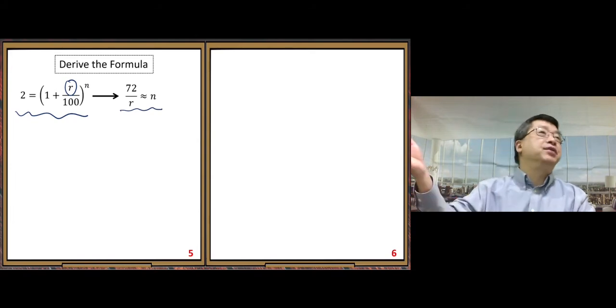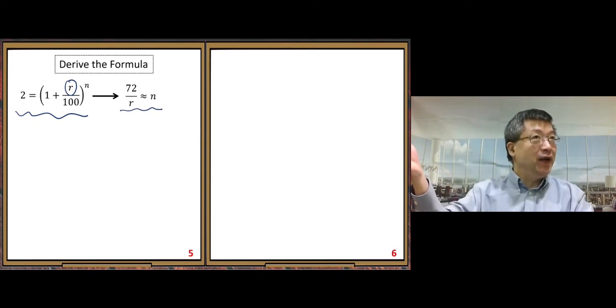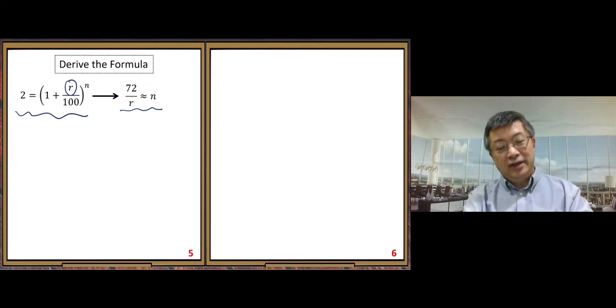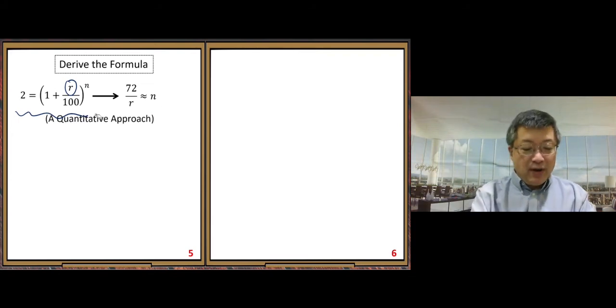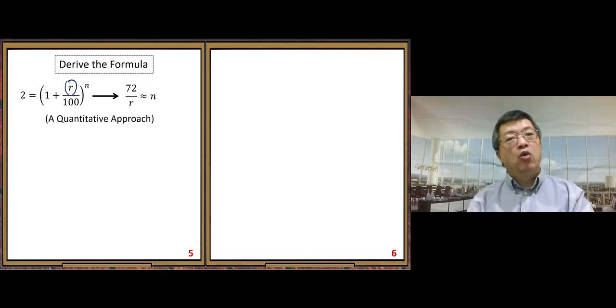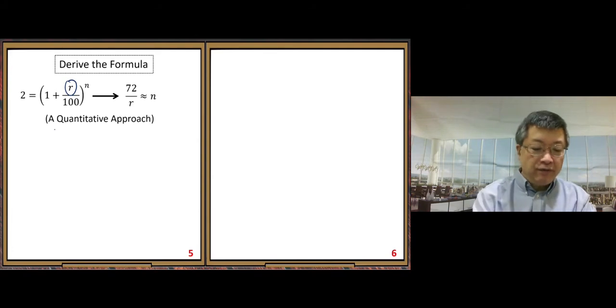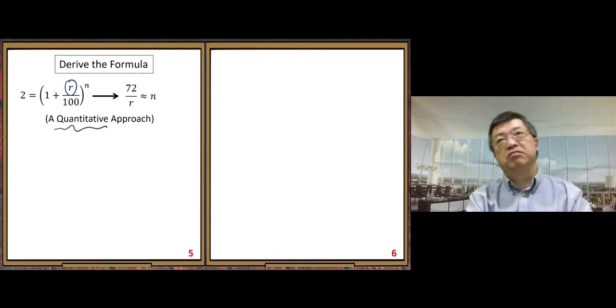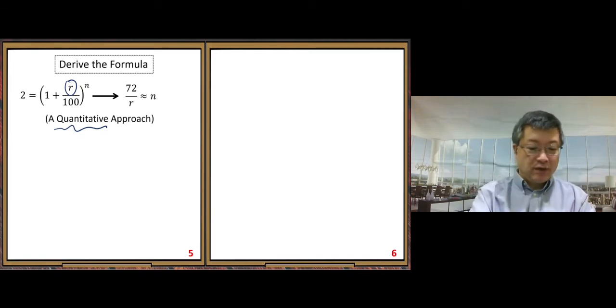How can we get that? How do we get that? Right? Remember that our textbook is called a quantitative approach. That means in this course, we need to do a lot of quantitative calculation. Here, let's do some serious calculation.